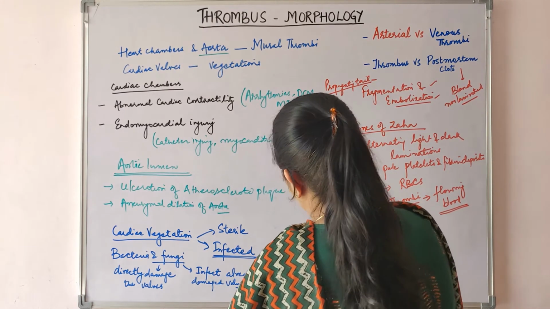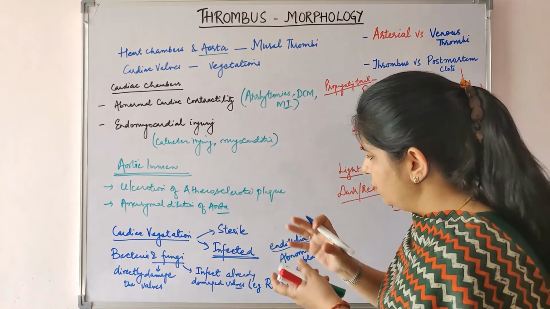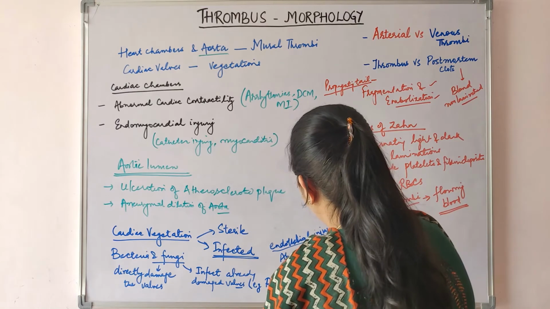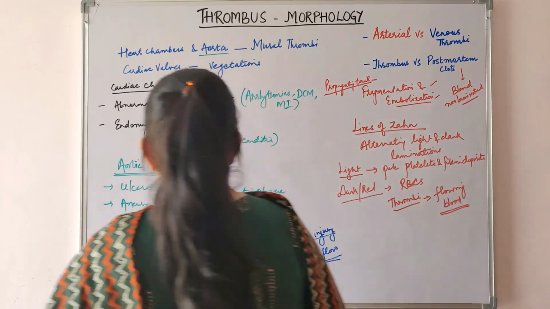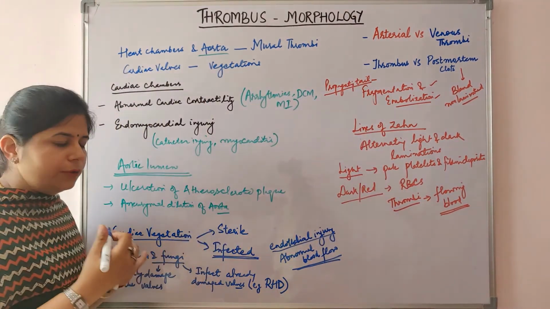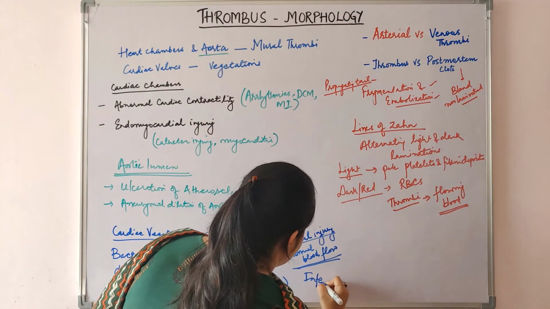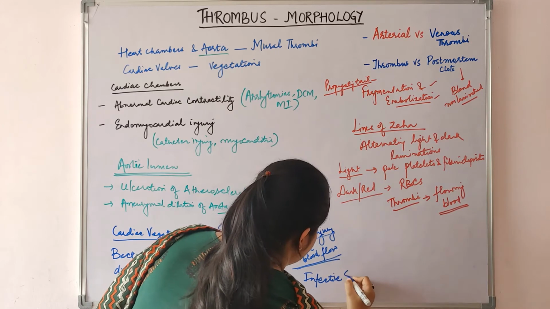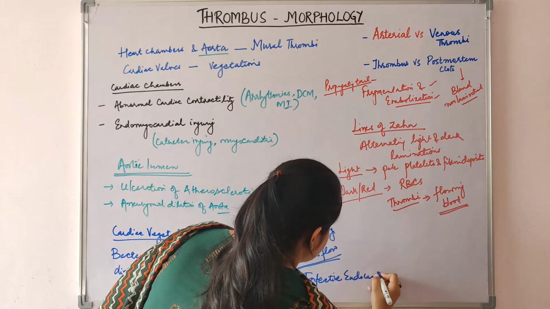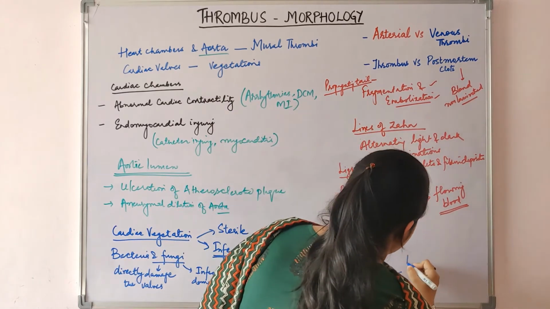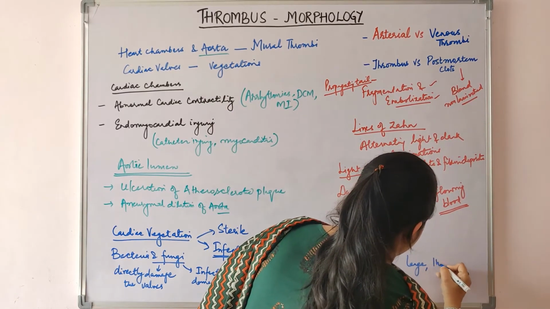Because the valves get damaged, the contours get abnormal, so there will be abnormal blood flow, and both these factors will lead to formation of thrombus. So an example is infective endocarditis. In this condition, large thrombotic masses are formed.